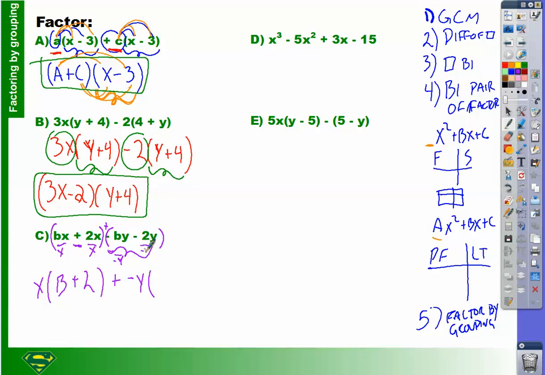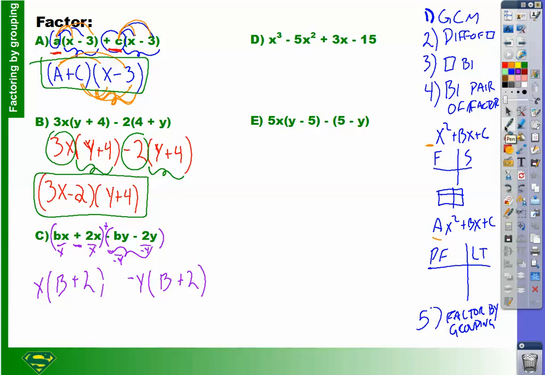Divide this by negative y. Negative by divided by negative y is? B. Excellent. Negative 2y divided by negative y is? Positive 2. So if I'm adding a negative, isn't that just the same as subtraction? Yes? Okay.